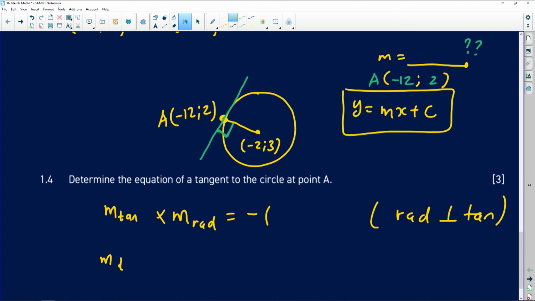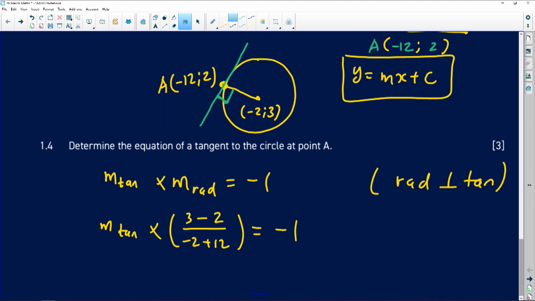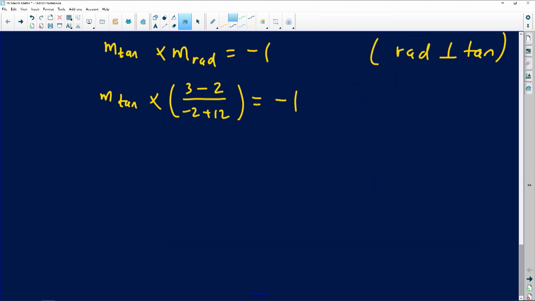So I'm going to keep this as m of tan multiplied by the gradient of the radius, which is y2 minus y1. So I'm going to say 3 minus 2 over x2 minus x1, which is -2 minus -12, which is simply plus 12. And this must give us an answer of -1, right? So the rest is just simple mathematics. You're going to simplify and find the solution to that.